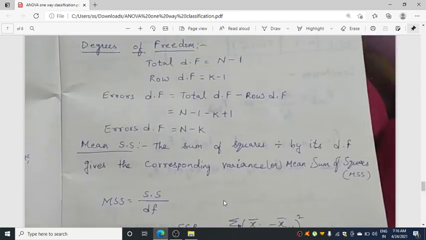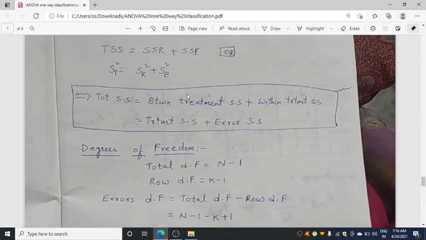And one more important thing I want to discuss: between treatment sum of square and within treatment sum of square. Suppose you have two groups. If you are testing the IQ of girls and boys, we will say between treatment sum of square.